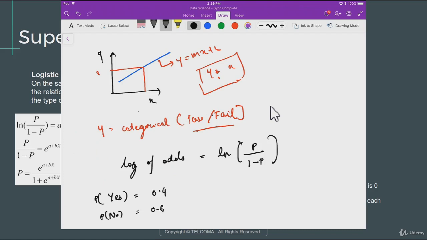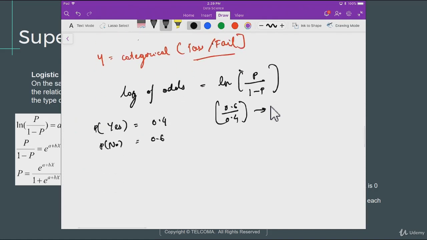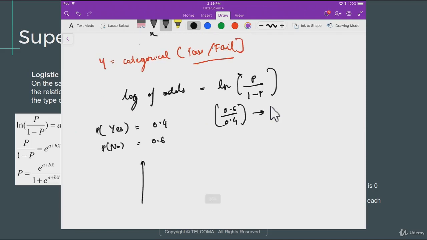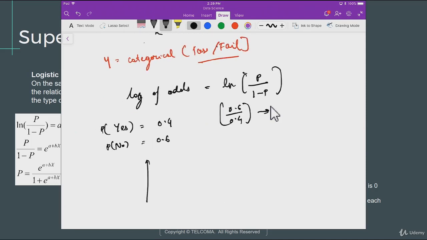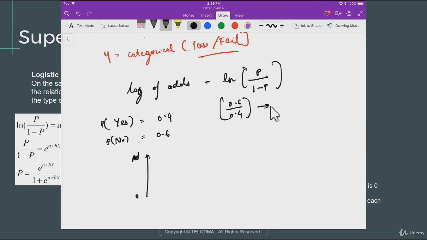Now, if you put this in the equation, you'll say it is 0.6 divided by 0.4, and you have a finite positive number, right? So if you plug this into this equation, you'll say that, okay, y can be determined as a simple finite number, which is between, let's say, 0 and some finite number, right? Let's put it as n.